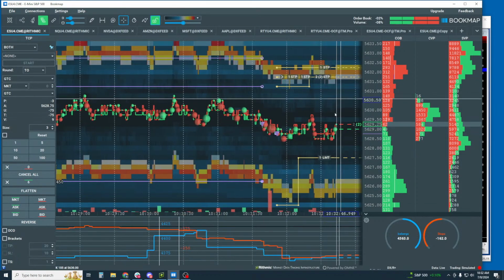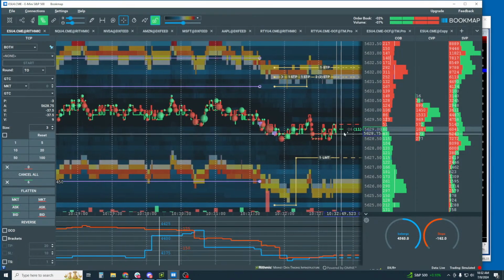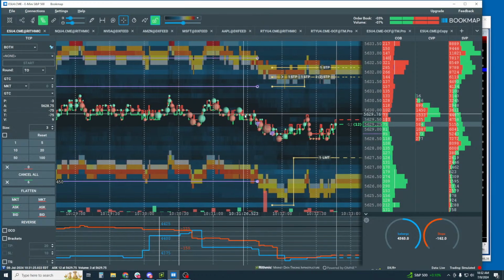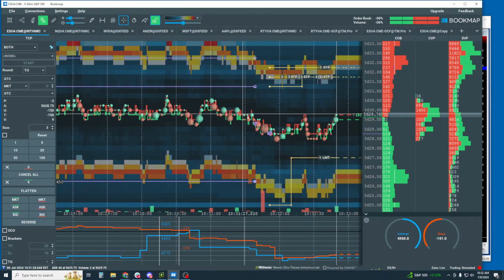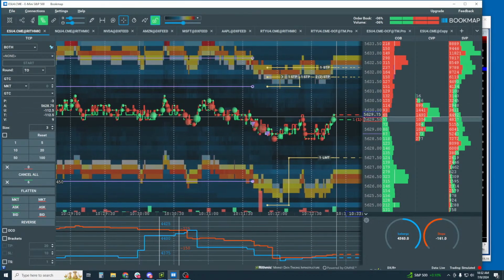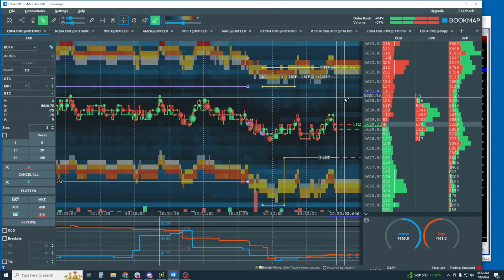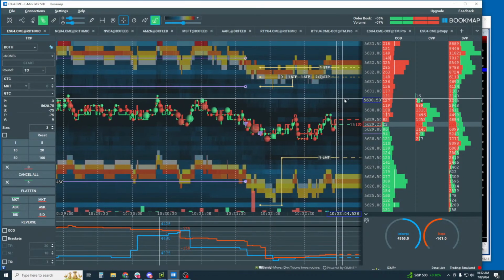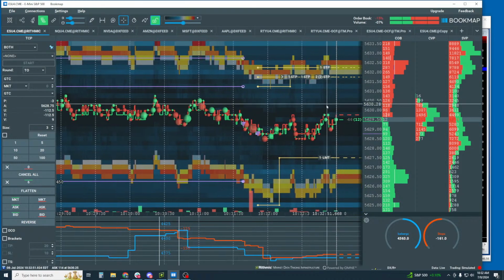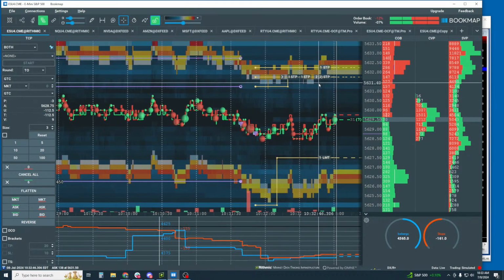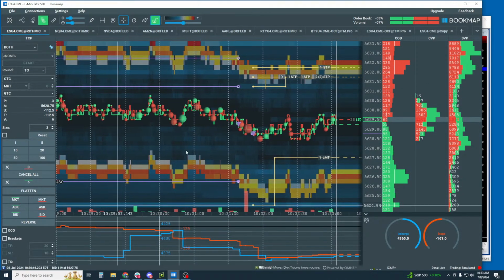Okay, possible trap here on our side if we get those buyers back up here again, and then we will exit again. Yeah, looks like it could be a trap here.